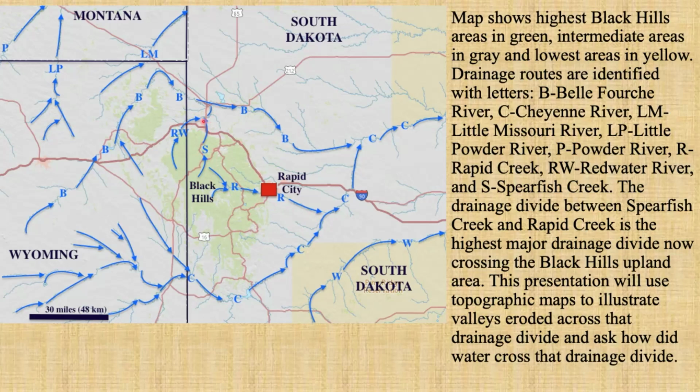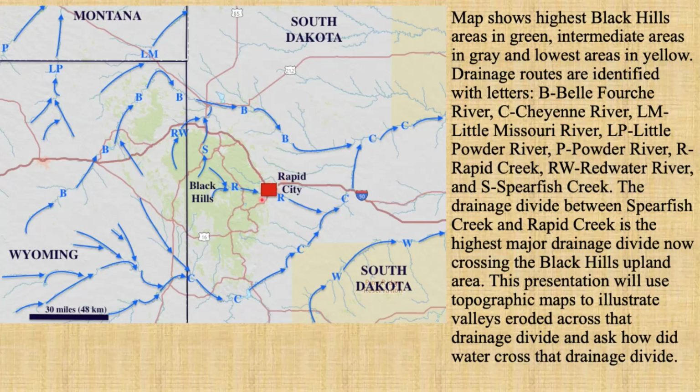It joins the Redwater River, and together they join the southeast-oriented Belle Fourche River here, shown with a B. The Belle Fourche River is kind of interesting because it begins as a northeast-oriented river, gets up here to the northwest end of the Black Hills area, and then it turns in a southeast direction to join the Cheyenne River, which is shown with C's here.